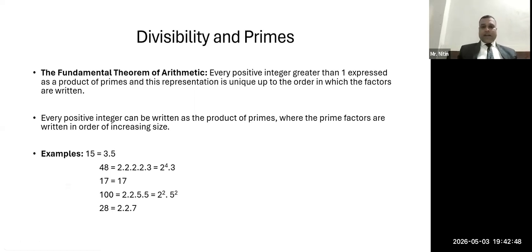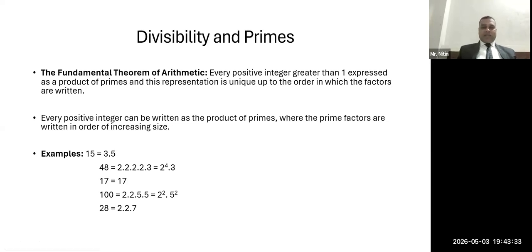What it says is that every positive integer greater than 1 can be expressed as a product of primes, and this representation is unique up to the order in which the factors are written. Yes, so the fundamental theorem of arithmetic says that every positive integer greater than 1 can be expressed as a product of prime numbers.